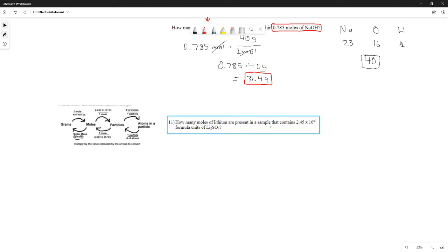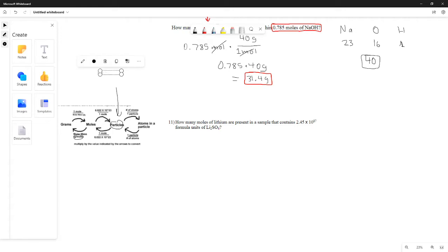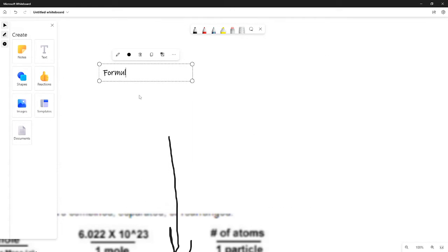Okay, so now we're given this. This is called formula units. And one thing to note is that particles can be noted under other names. You can note it as formula units. When you're doing a problem, this can be atoms or molecules.